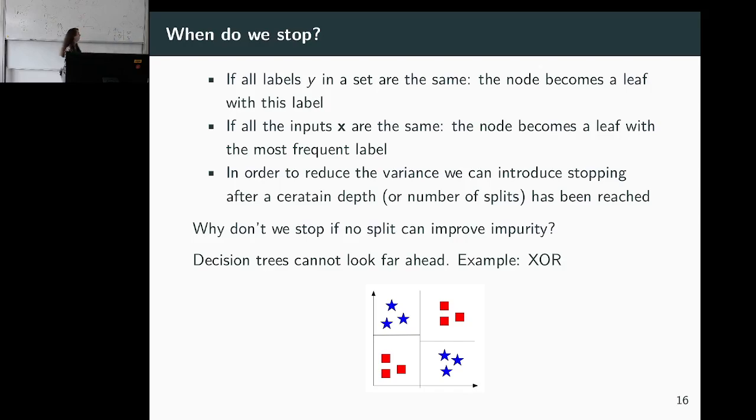We found perfect separation. But before that, we were at a loss. We didn't know what to do. So that's why we don't stop if no split can improve impurity, but we keep on splitting until one of those other three criteria is reached.